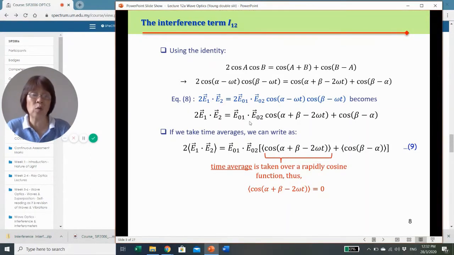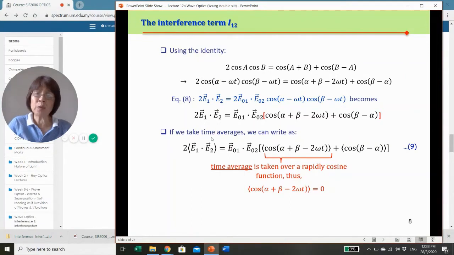So it becomes E01 dot E02 cosine of (alpha plus beta minus 2 omega t) plus cos of (beta minus alpha). I think we have a mistake here. This should multiply the whole expression, so there should be a bracket here.